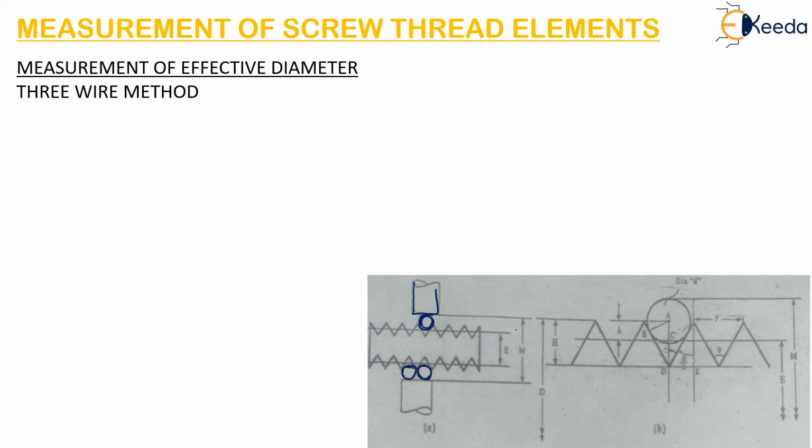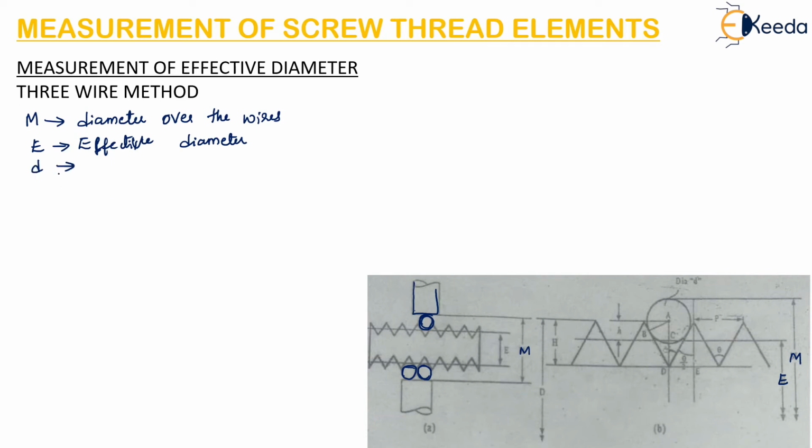So here the parameters are like this. M, which is given here, is the diameter over the wires. E is the effective diameter which has to be calculated, and M is the diameter over the wires, and small d is the diameter of the wires, which is the same for all the three wires.